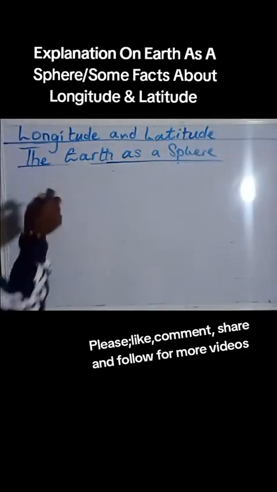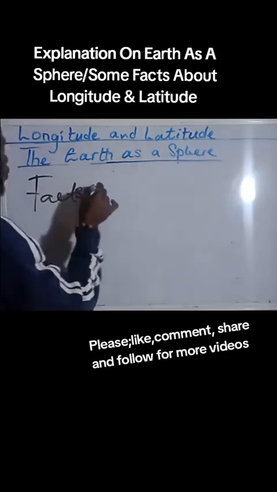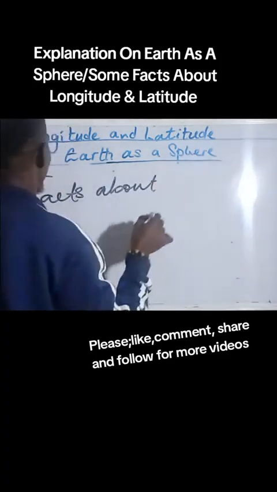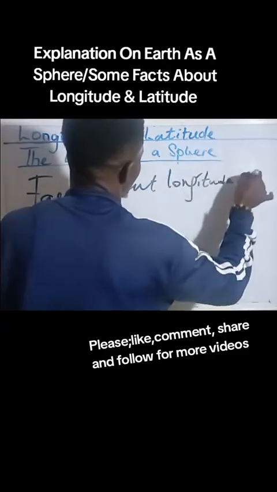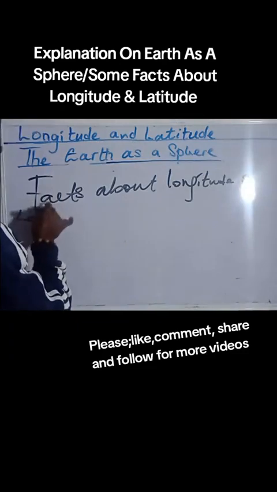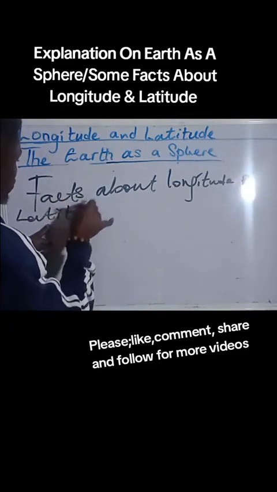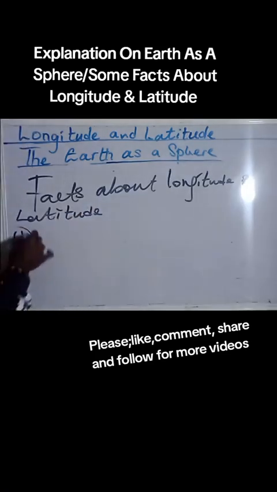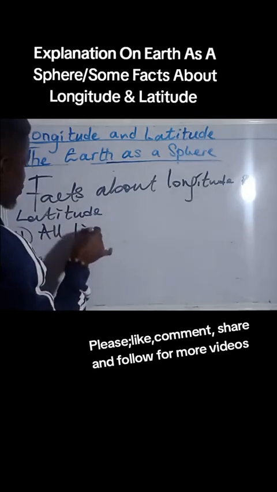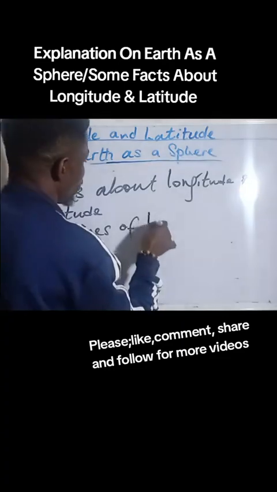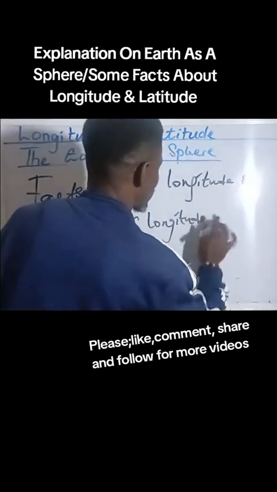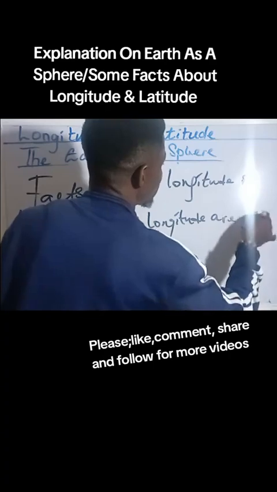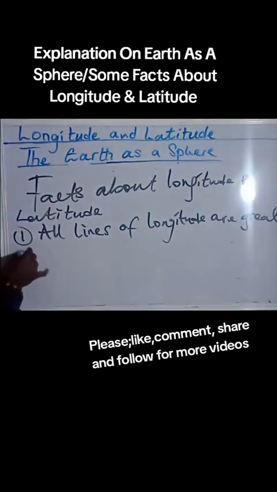The first fact about longitude and latitude, the fourth fact is that all lines of longitude are great circles.